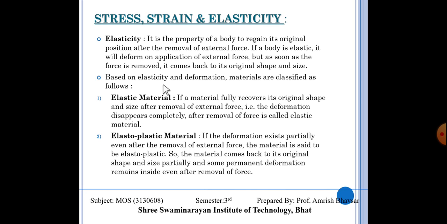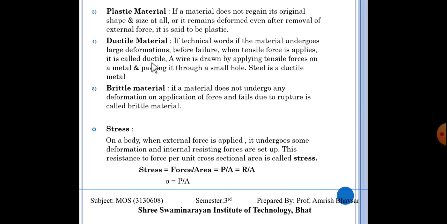Based on elasticity and deformation, materials are classified as follows: elastic material, elastoplastic material, plastic material, ductile material, and brittle material. Elastic material means after removal of forces, it comes back to its original position.